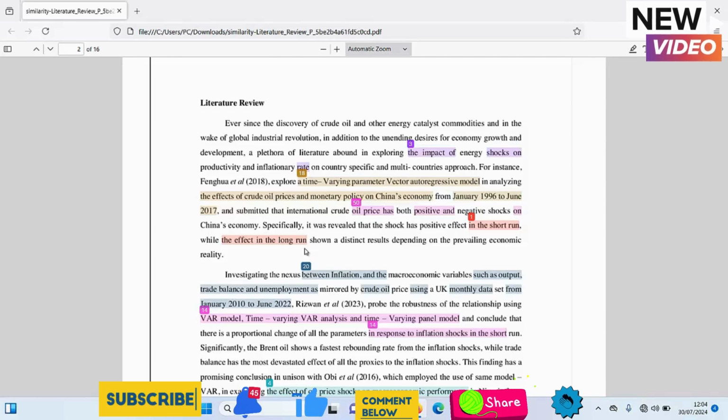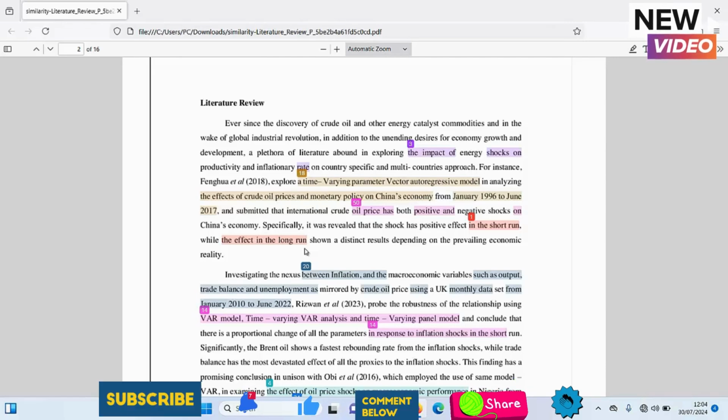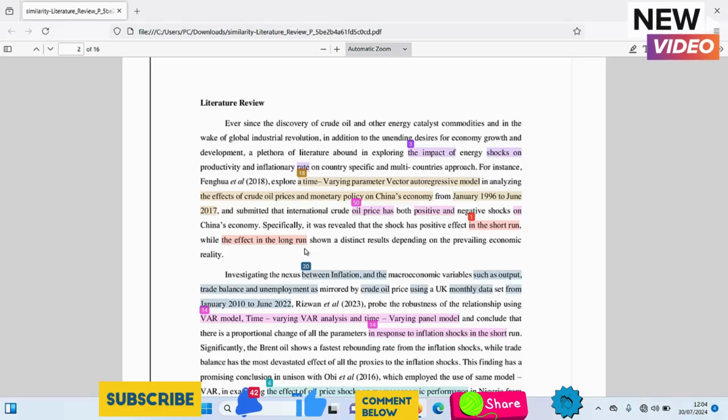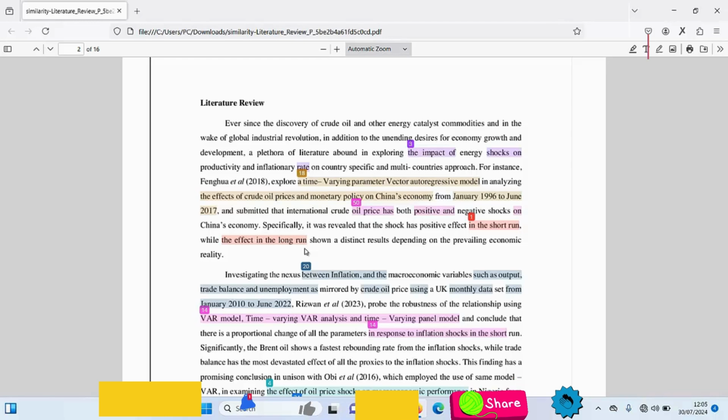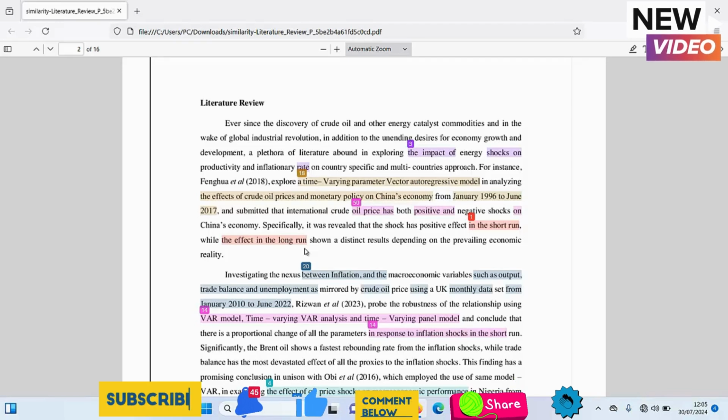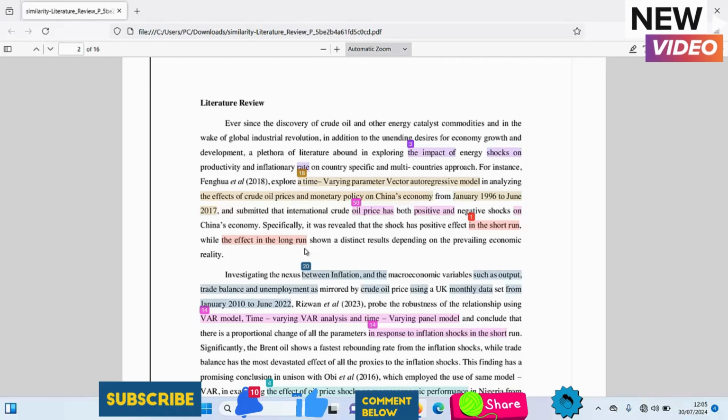You need to make reference to issues that happen in that particular economy you are trying to look at. But when you are writing your introductions, just make sure you focus on that point and cite relevant papers. So if you want to critique my position, you need to first go and critique those papers I cited.